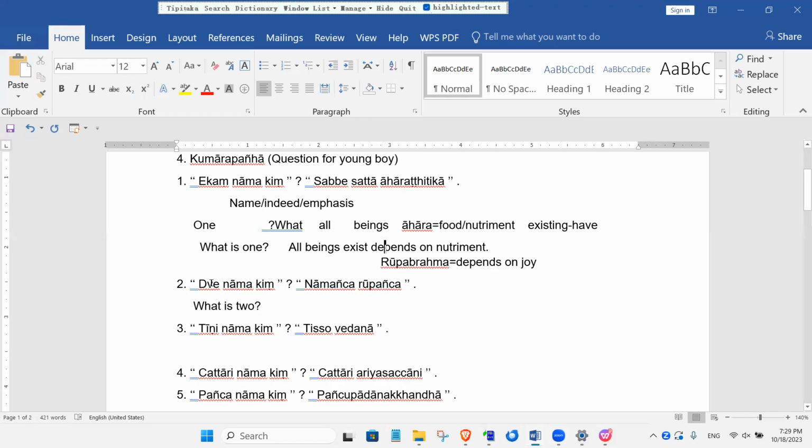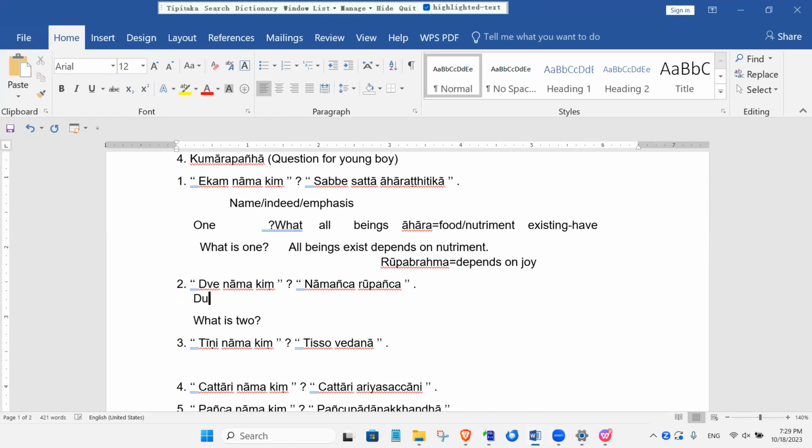So now what is two? Dve. I think you know this word, from the Malay word dua. You can see the d becomes d, same as in Pali. What is two? Nama and rupa. Nama you translate as mind and matter, or mentality and materiality.